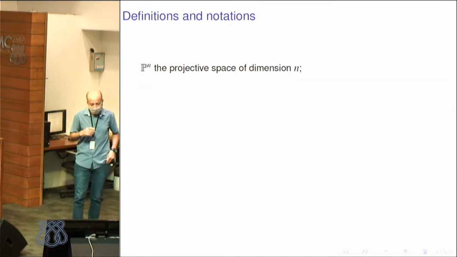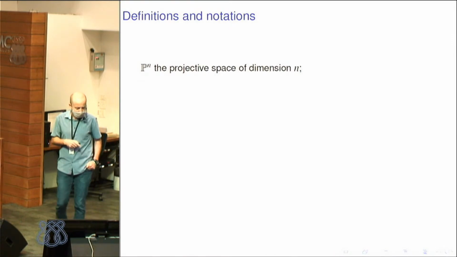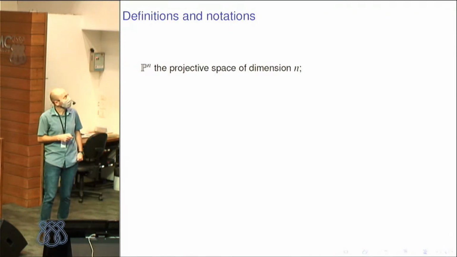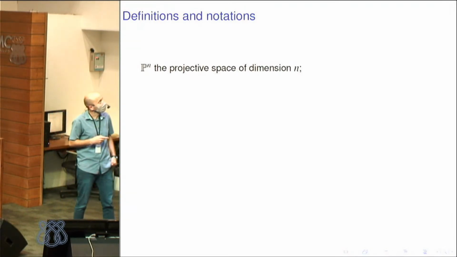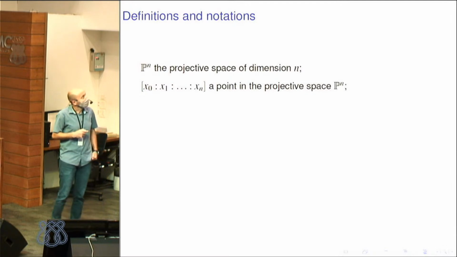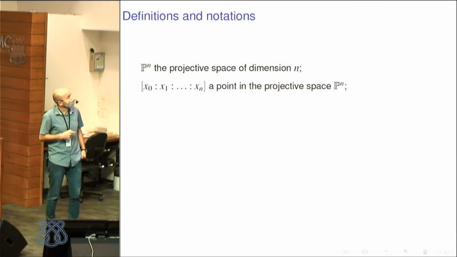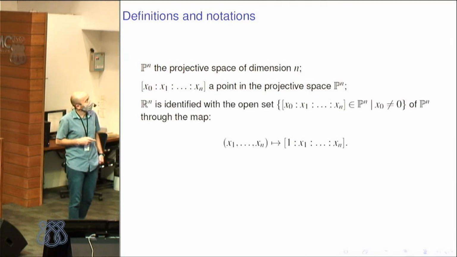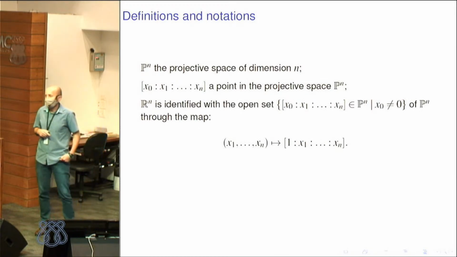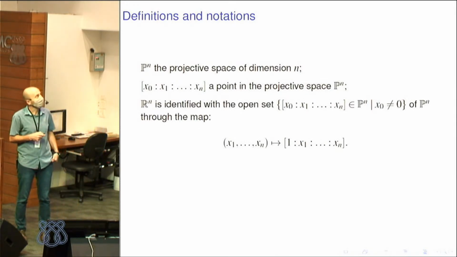Before stating the result, let me present some definitions and notations. In this talk, we denote by Pn the real projective space of dimension n. We use coordinates x0, x1, ..., xn for any point in Pn, and we identify Rn as a subset of Pn.